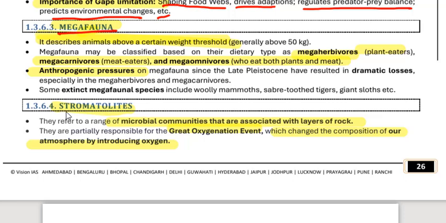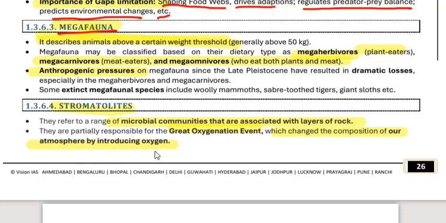Next is stromatolites. What are stromatolites? They refer to a range of microbial communities that are associated with layers of rocks. They are partially responsible for the Great Oxygenation Event, which changed the composition of our atmosphere by introducing oxygen.